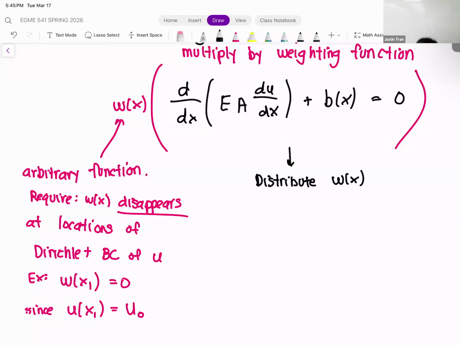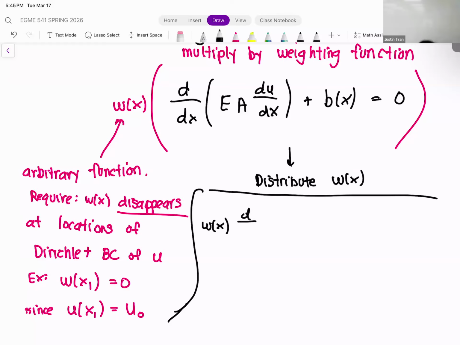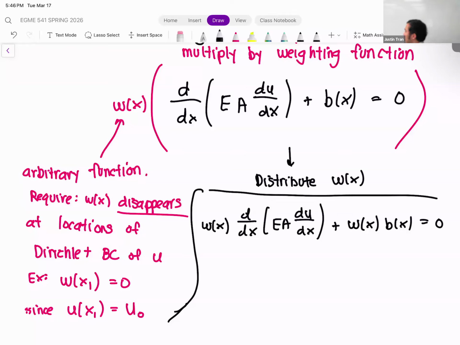So we have w of x multiplied by d dx of E times A du dx, plus w of x b of x is equal to 0. So we have the derivative term with w of x and we have the source term with w of x.